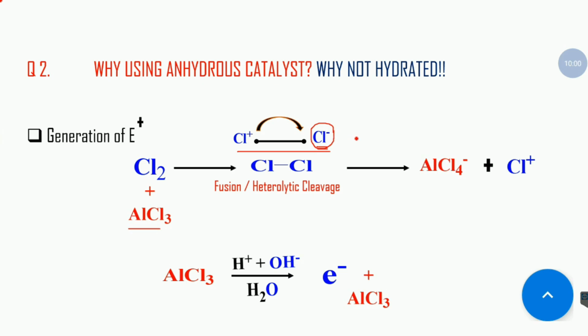There is nothing to capture this Cl minus in our solution, so it will reverse our heterolytic cleavage and get back to Cl2, the chlorine compound again. So step 1, generation of the electrophile, fails, and halogenation of benzene is not possible. That's why we use anhydrous Lewis acid instead of a hydrated one.